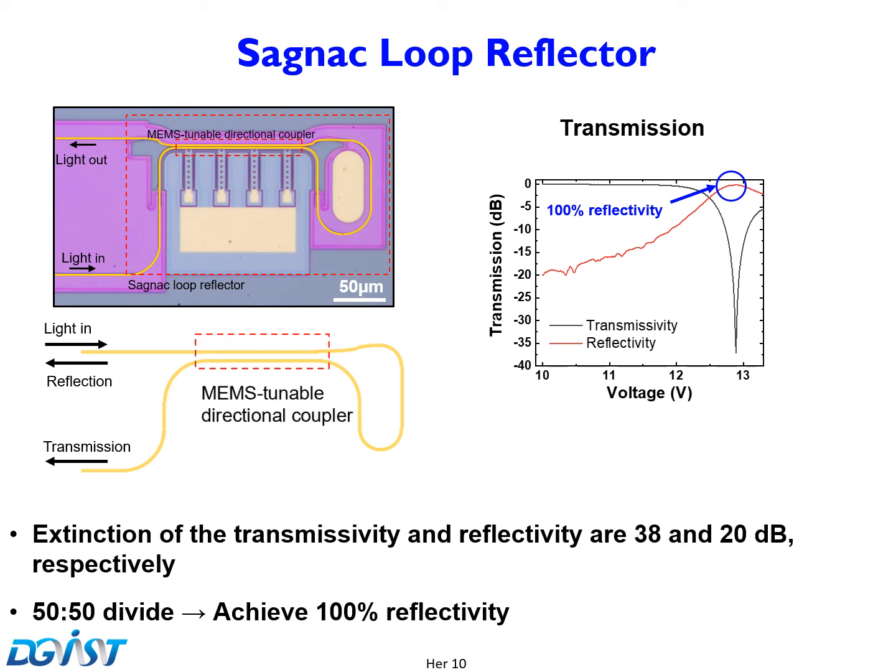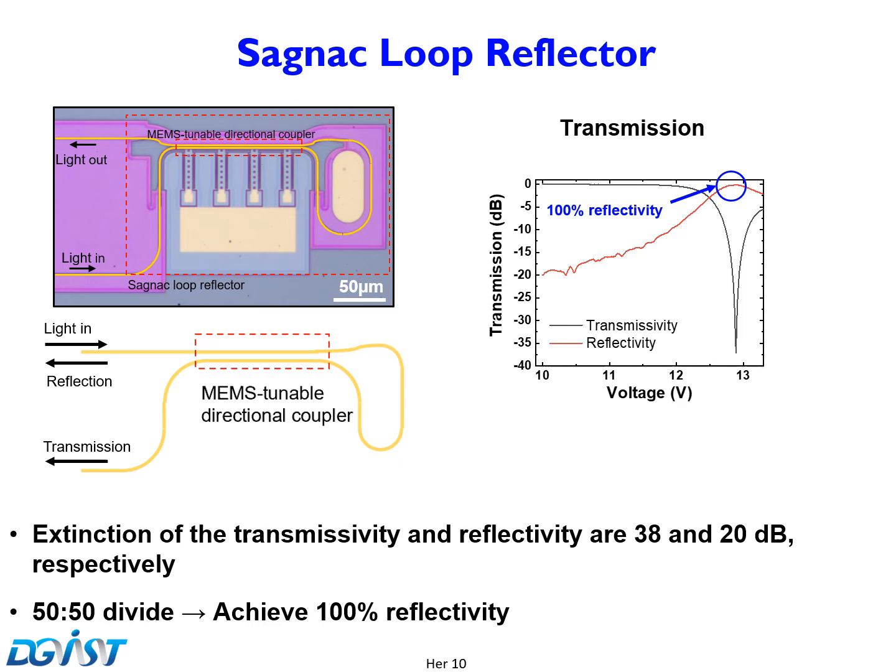From here on, I will show you some measured data. First, we characterize a single Sagnac loop reflector. The schematic of the device is located on the left. The right figure shows the measured optical response with voltage applied to the tunable coupler.